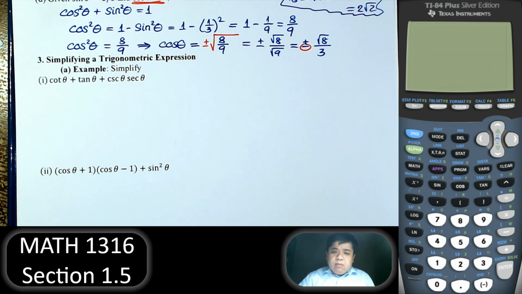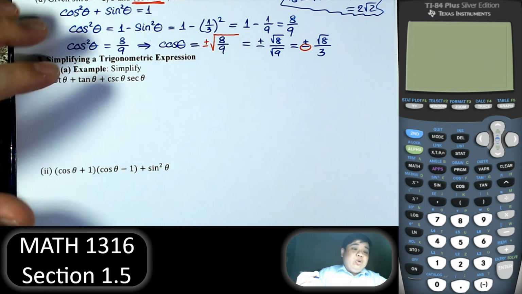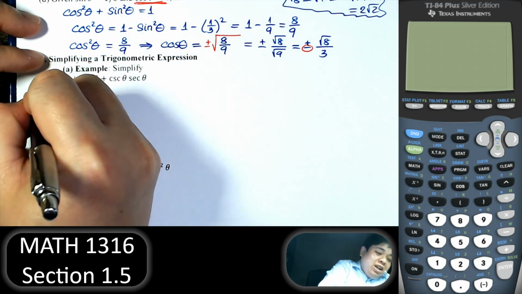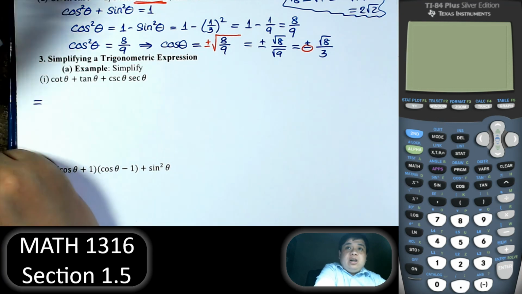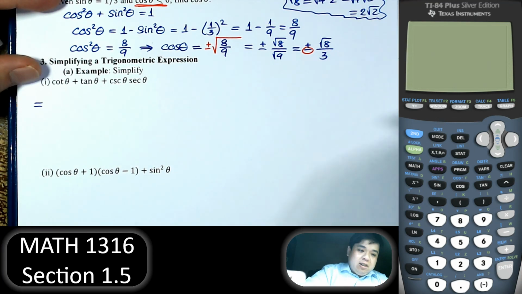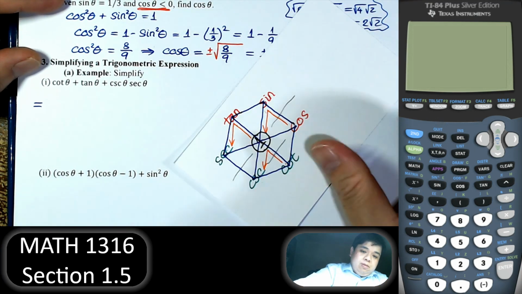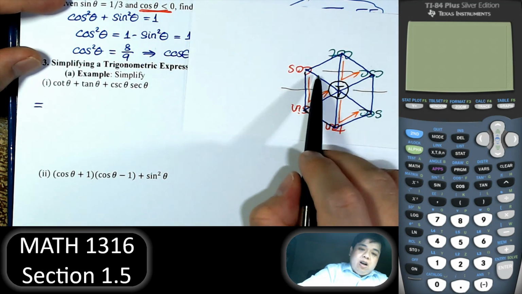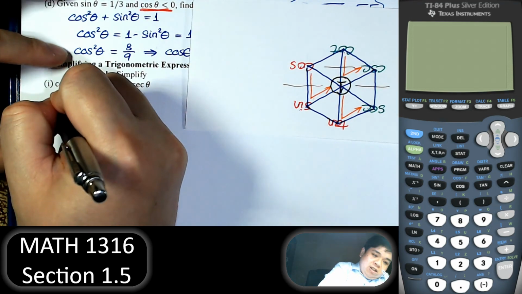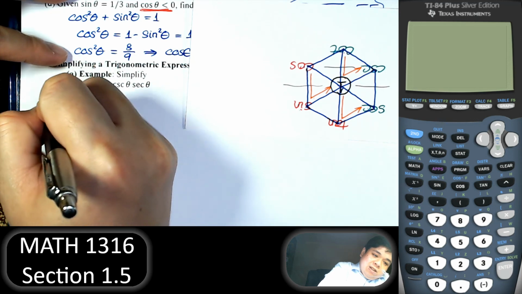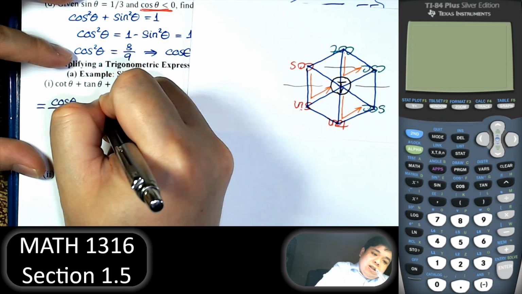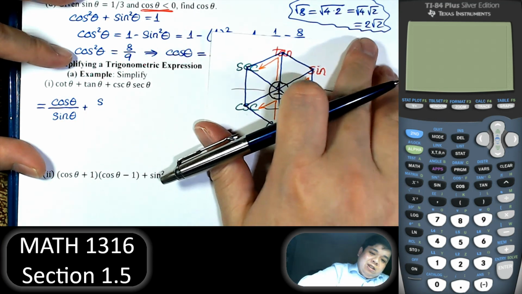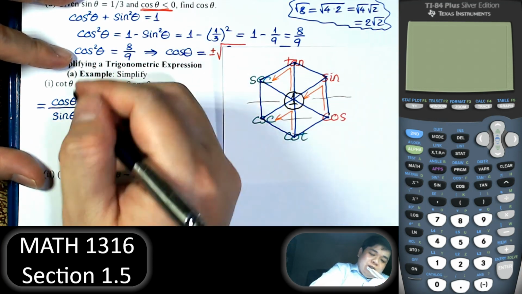If you don't know where to start, and I should lead with that, it will be a nice thing if we put everything in terms of sine and cosine. Cotangent in terms of sine, cosine is cosine over sine. Tangent is sine over cosine.